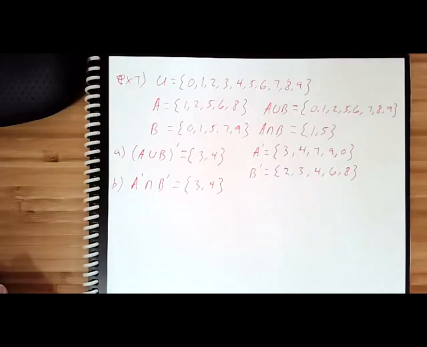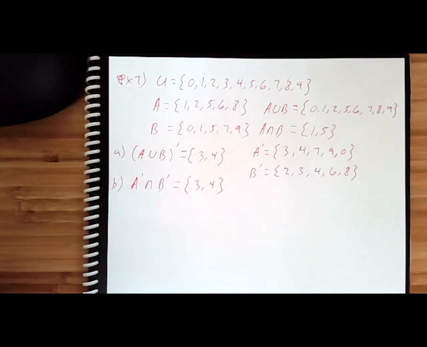All right, so I'm gonna skip 8, it's the same type of stuff. So number 9 is asking about cardinal numbers.